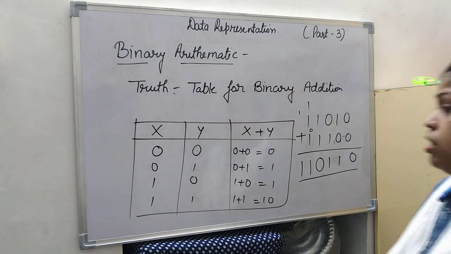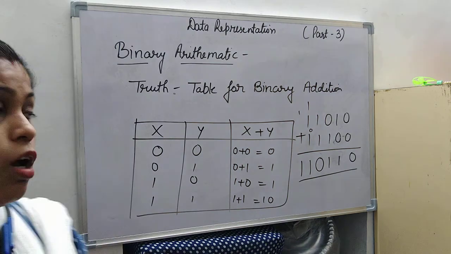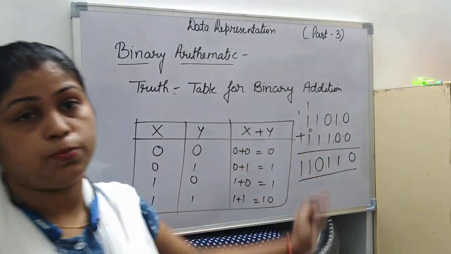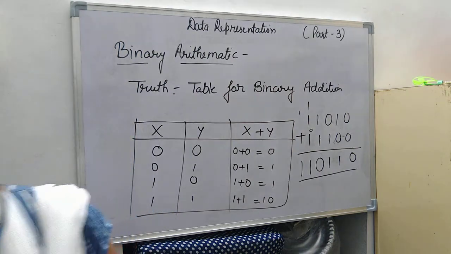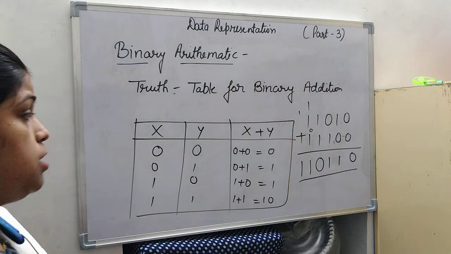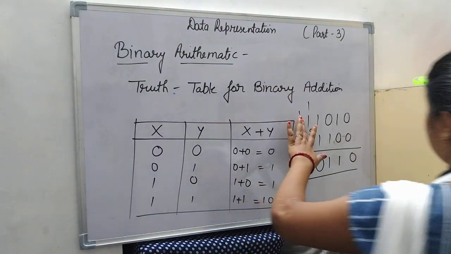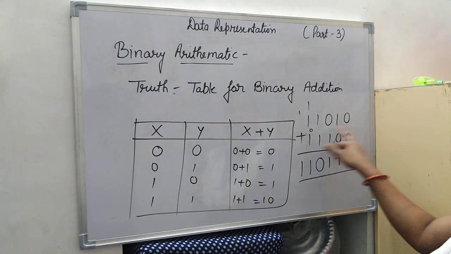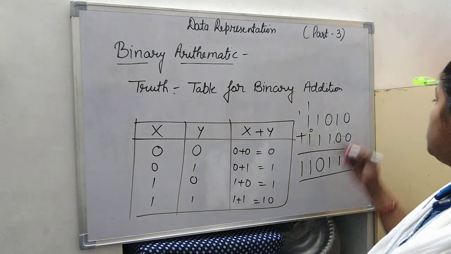110. If you want to check whether your answer is correct or not, you can convert these binary numbers into their respective decimal numbers. I am giving you an example so that we can see whether our answer is correct. Let's convert these binary numbers into decimal.